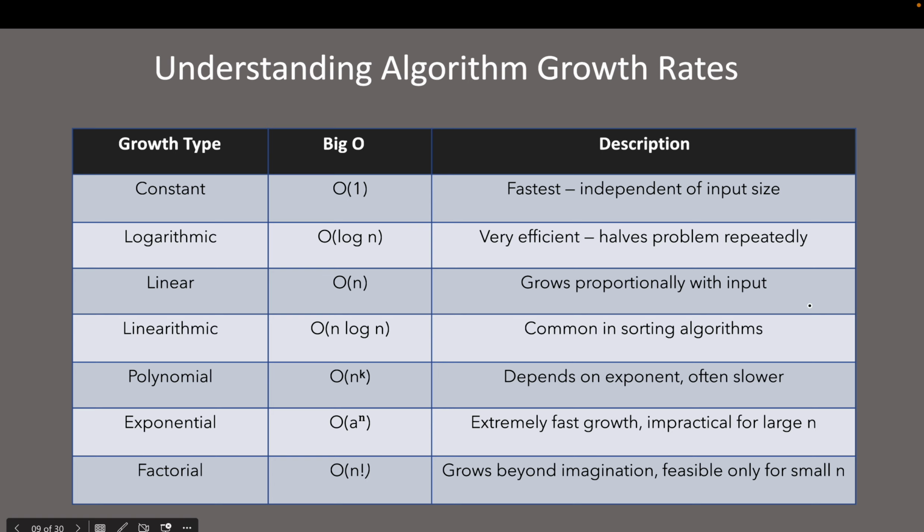For famous growth types that you can see in many cases, we have a table, and with this table you can understand how they behave and how fast your algorithm is. One of the first growth types is constant, and we show it by O(1). It's the fastest, meaning it's independent of input size. However much you increase your input size, it will not change the complexity of my algorithm.